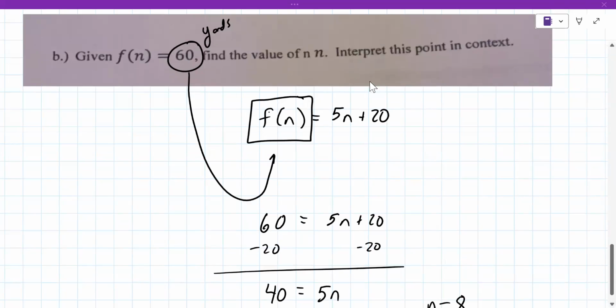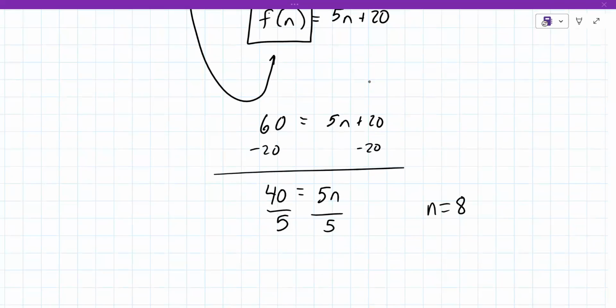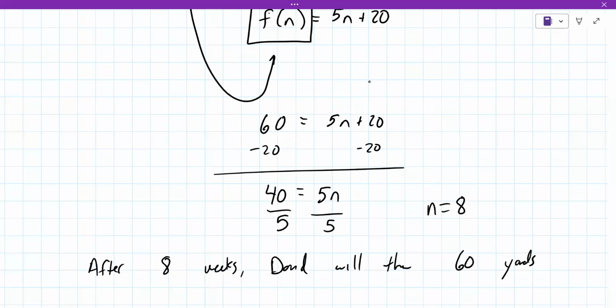You want to say, in context, after 8 weeks, David will throw 60 yards. Okay. Got it.